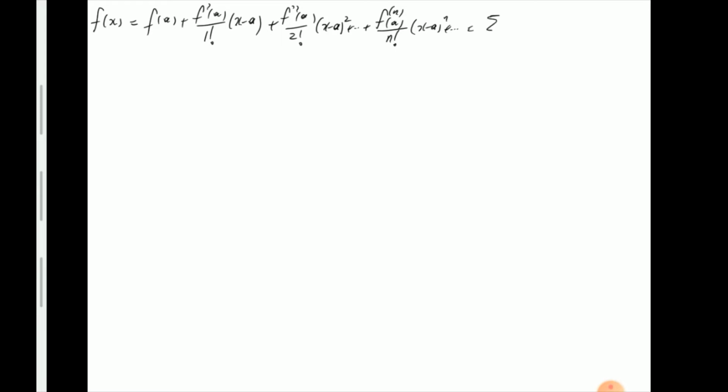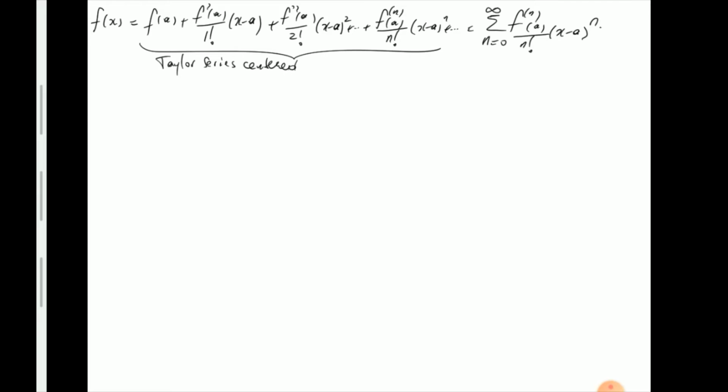Or again, using the summation notation, like that. So this is what we call the Taylor series centered at x equals a for f of x.